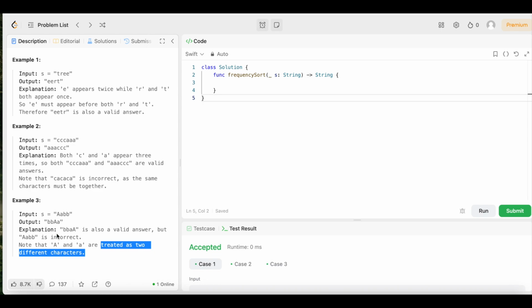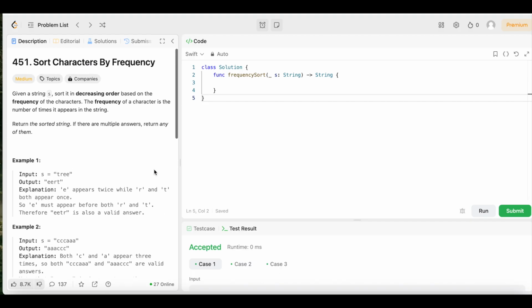We can't put the uppercase A and the lowercase a first, because they only appear one time, so they have to come at the end. After we put bb first, then we could return the uppercase A and the lowercase a.